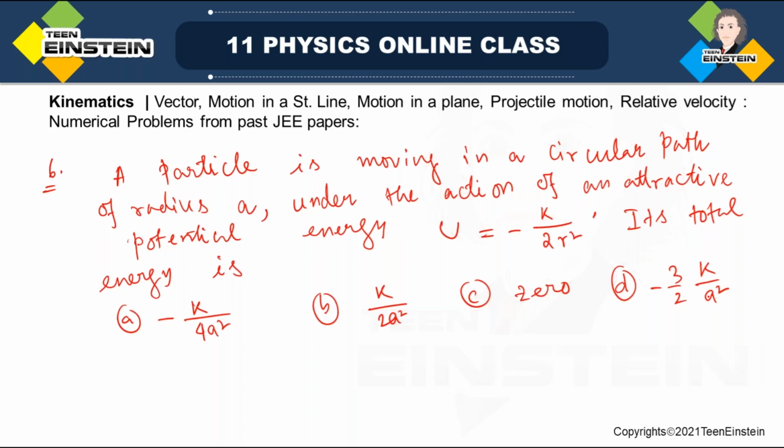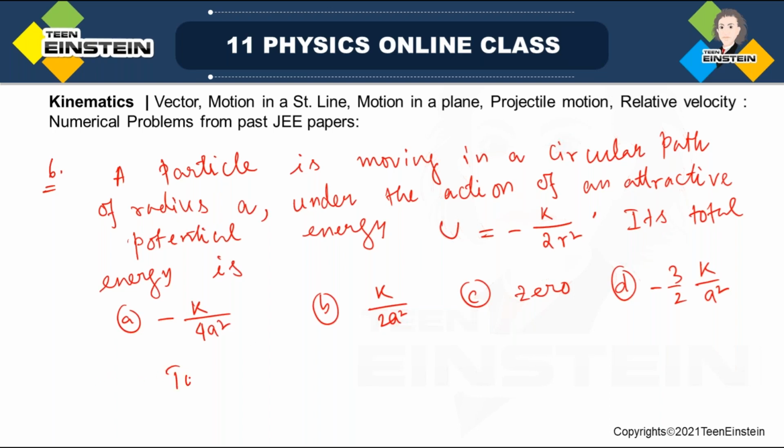So how to solve this problem? You have to find out the total energy. How do you find out total energy? This is a problem of circular motion. Total energy means what?